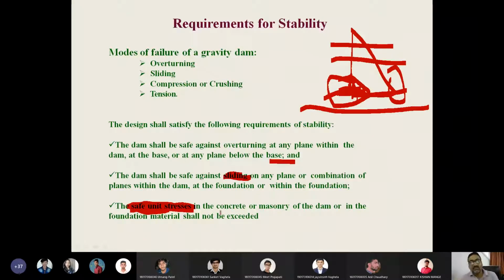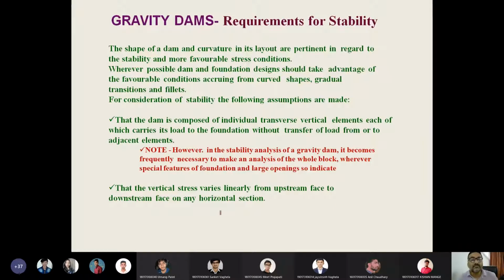Why does it write safe stresses? Look at the term used in the IS code: whatever safe stresses we take, they should not be exceeded. Otherwise, for the last two types of failure, the chances would go up. So we need to take care of that.